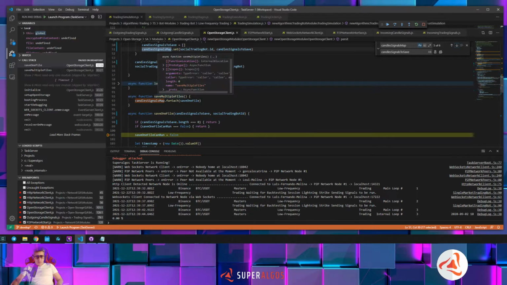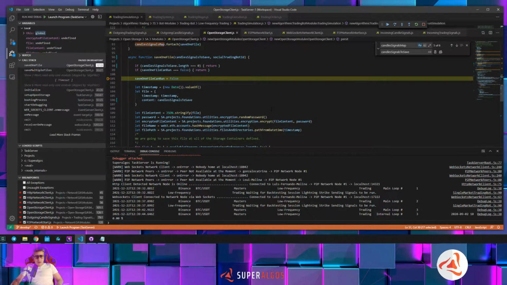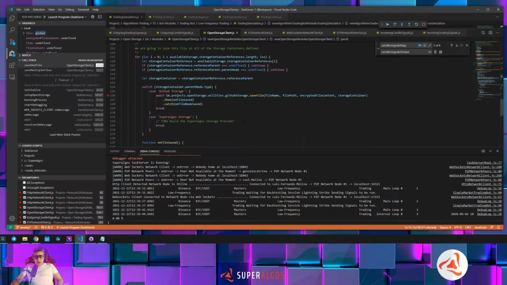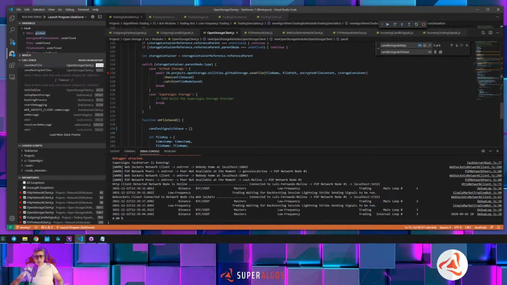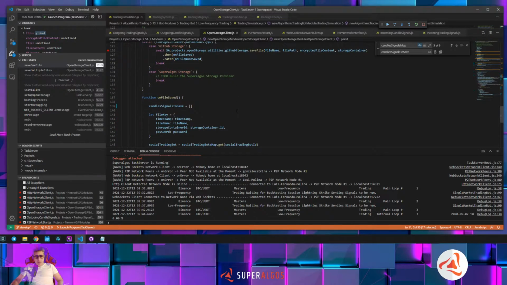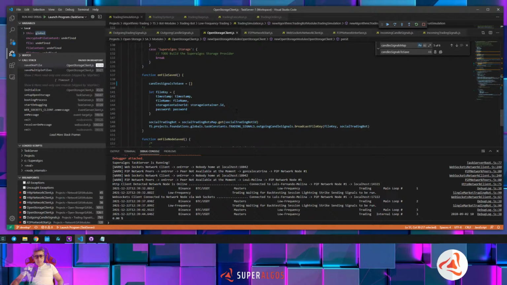Okay, so what I need to do is that whenever, if I could save the file, okay, candle signal to save. Here I tried like a reset, but it's not correct.